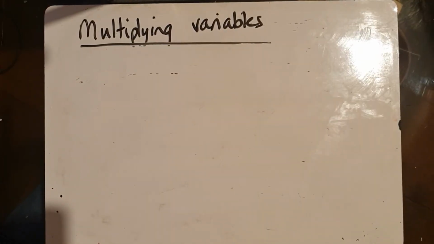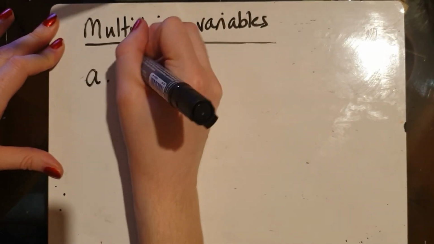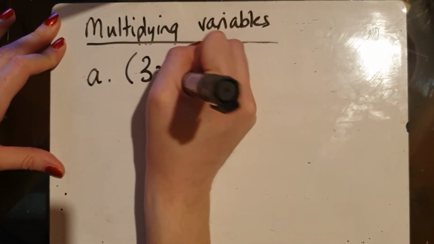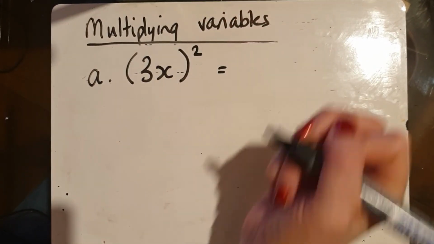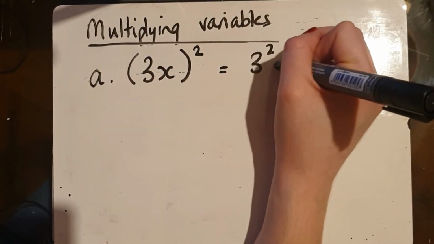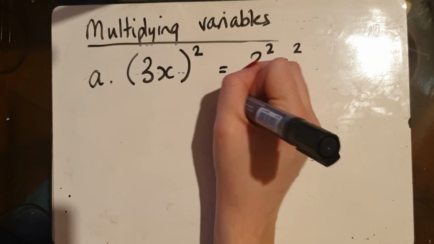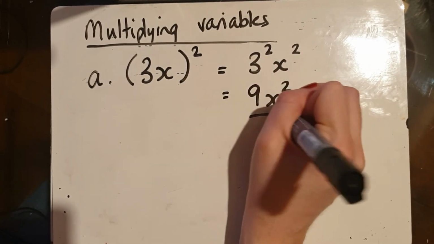Final example, some expressions may be given as a power of a term. So here we've got the term 3x, and then that term is squared. Using laws of indices, that means we need to square everything that's in the brackets. And so we end up with 9x squared.